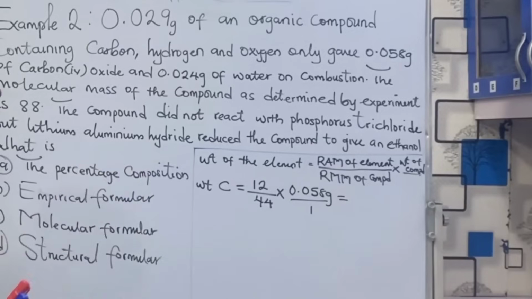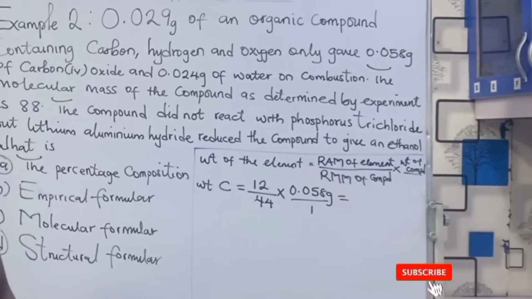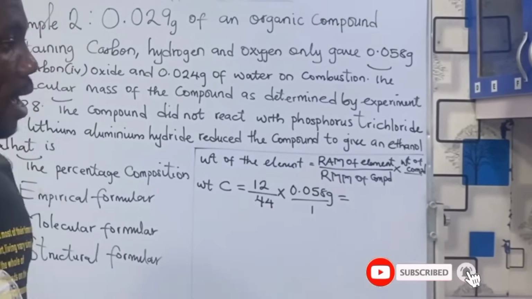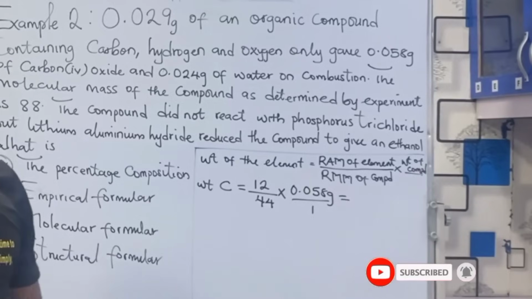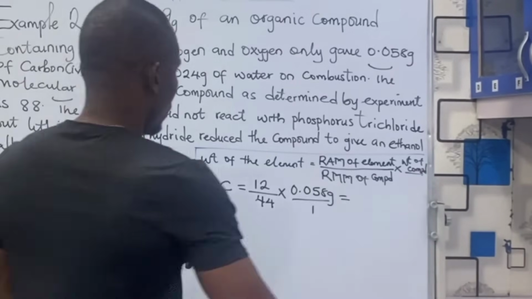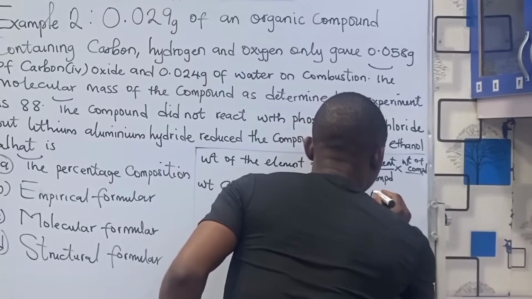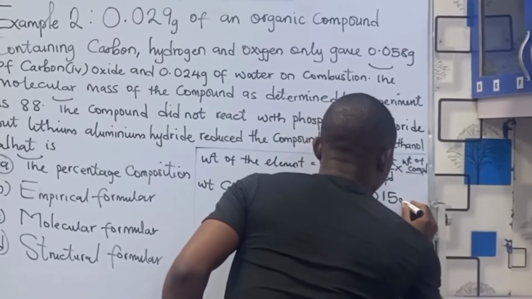From the question, the weight of carbon dioxide is given as 0.058 grams. When you express that mathematically, you arrive at 0.015 grams of carbon.